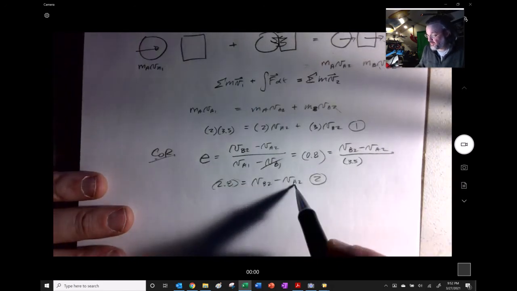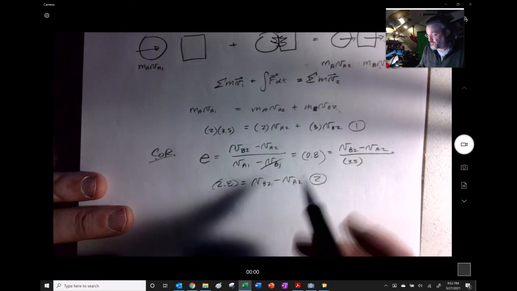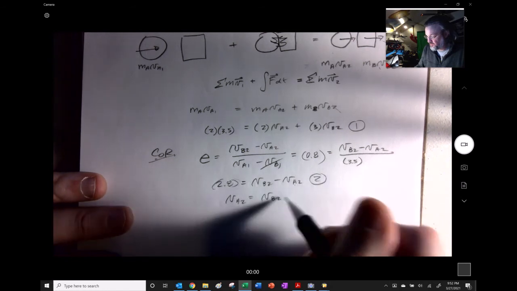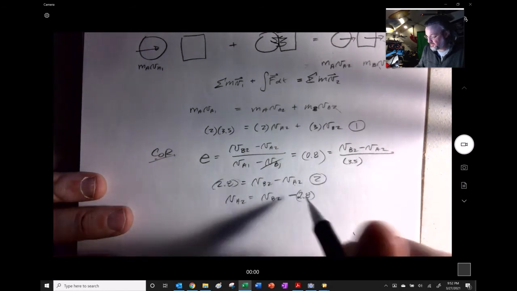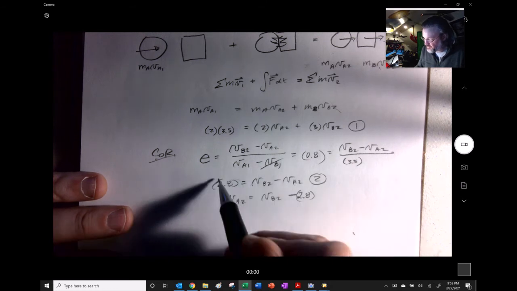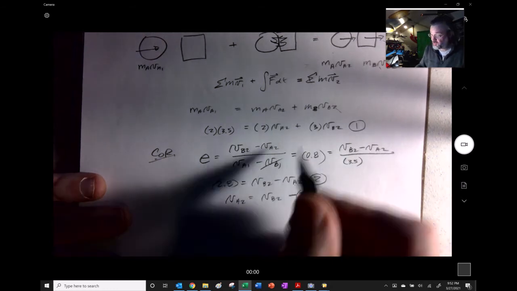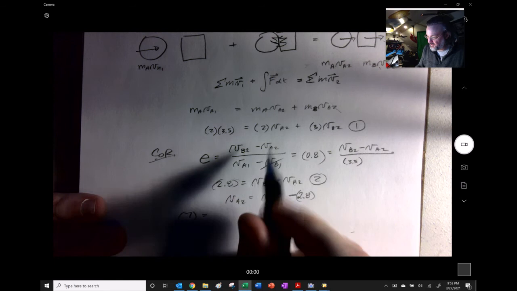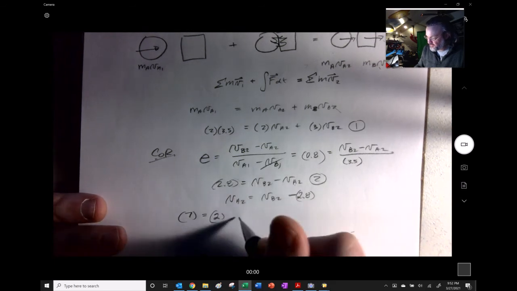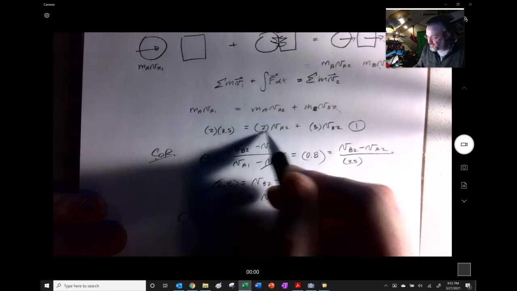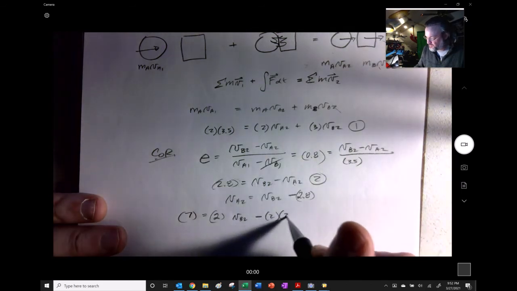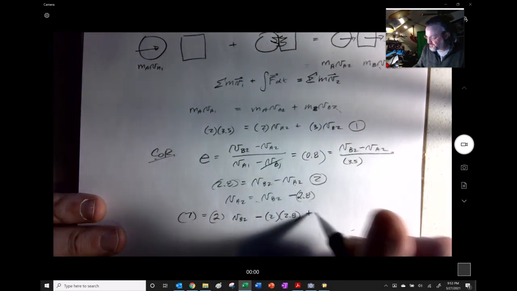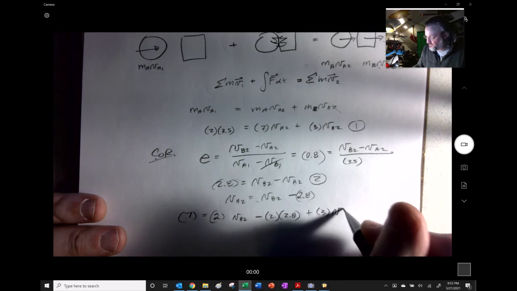So we really don't care about what happens to v_A2, but let's solve for that. v_A2 is going to be equal to v_B2 minus 2.8. Did I get that right? Because he's going to jump over here and flip over there. Yep, okay. So put that back into the one up here. 7 is going to be equal to 2 times v_B2 minus 2 times 2.8, plus 3 times v_B2.